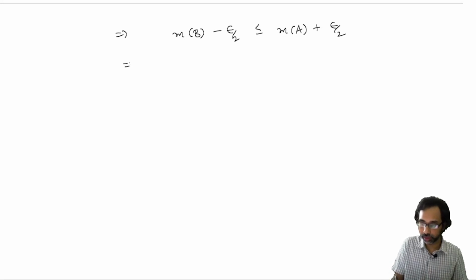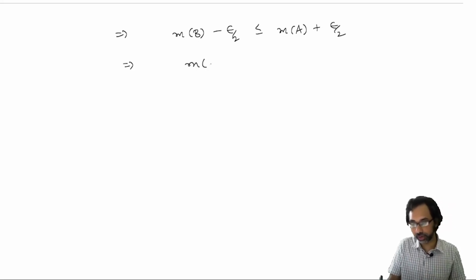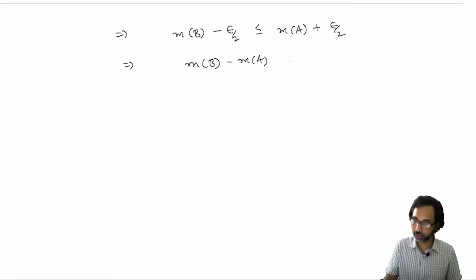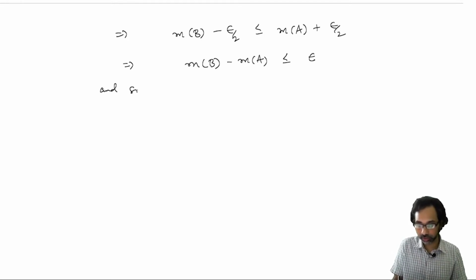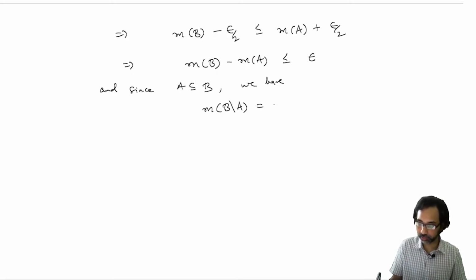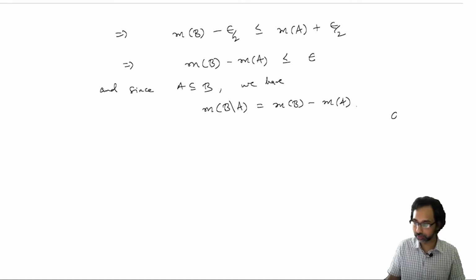So all these things are finite and non-negative, so you can subtract on both sides. So m of B minus m of A is less than or equal to epsilon, and because A is a subset of B, we have the measure of B minus A is equal to the measure of B minus the measure of A. So this is what we wanted.